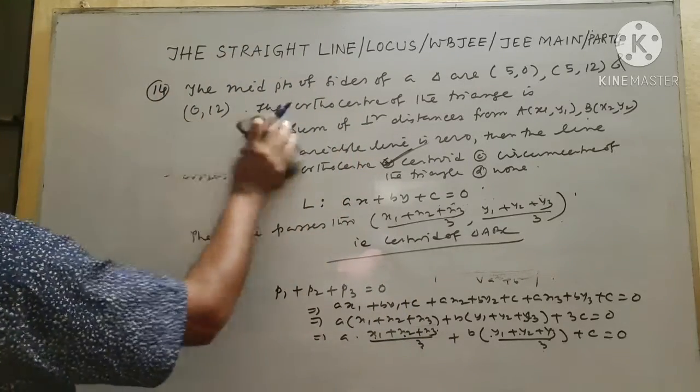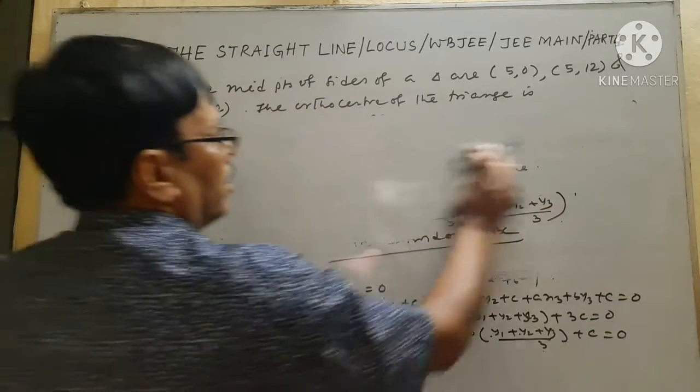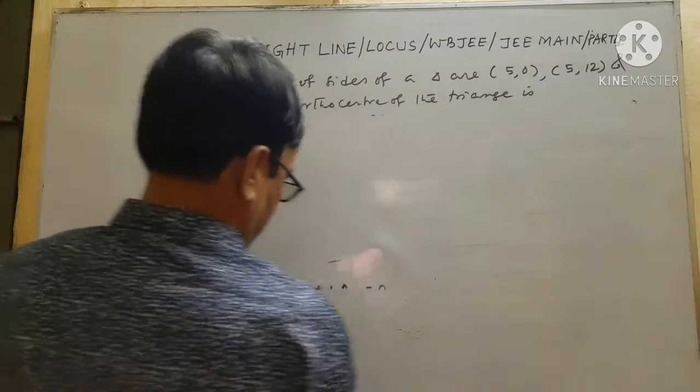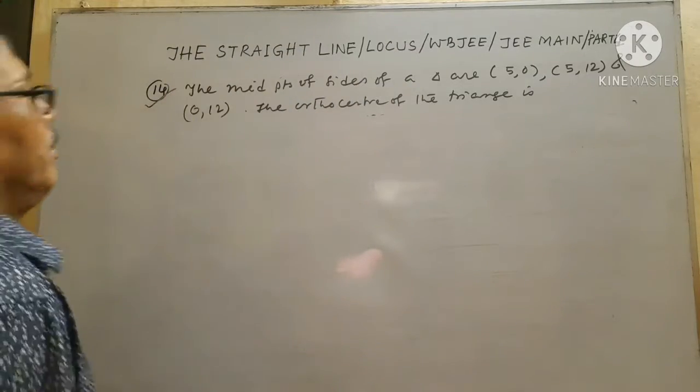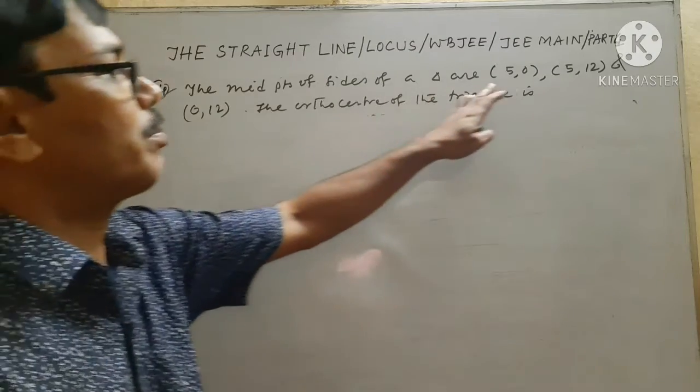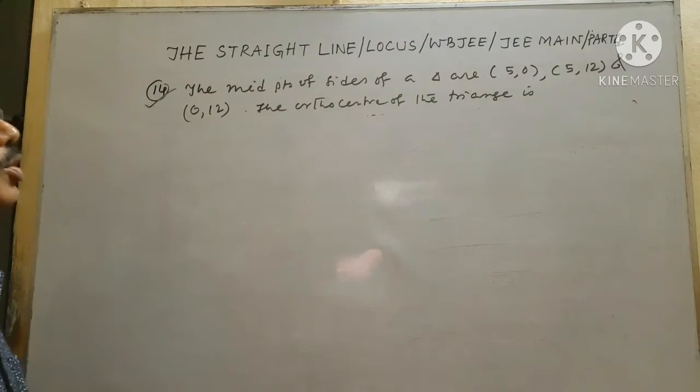Now consider problem number 14. This is a simple problem but lengthy. The midpoints of the sides of a triangle are (5, 0), (5, 12) and (0, 12).